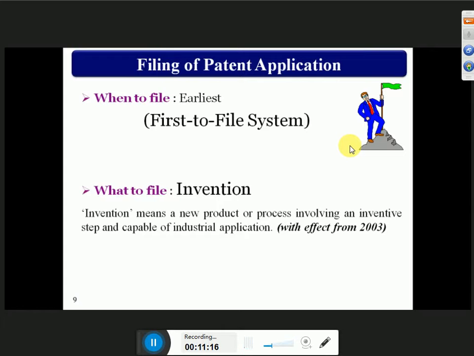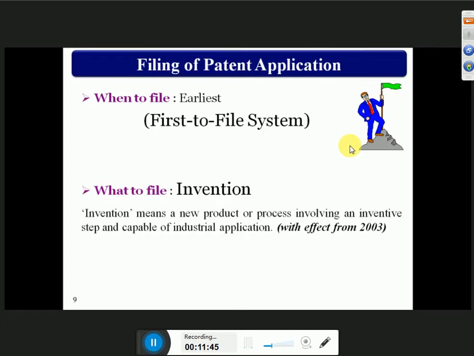For example, I have an idea, and another person in India has the same idea. I wait for my idea to be implemented and make a product, and the other person does not wait, but files the patent application once he has the idea.